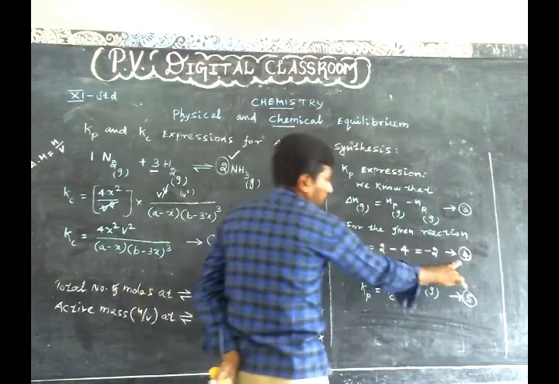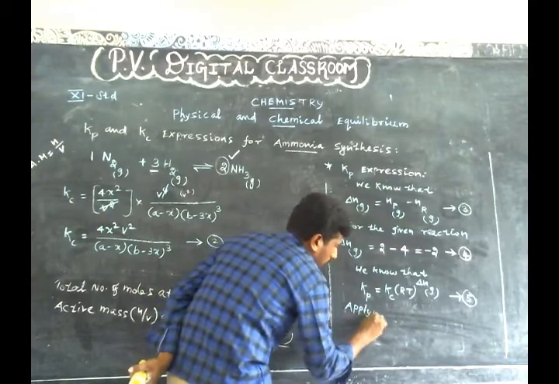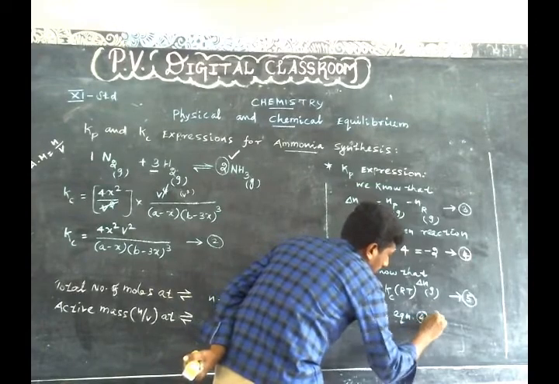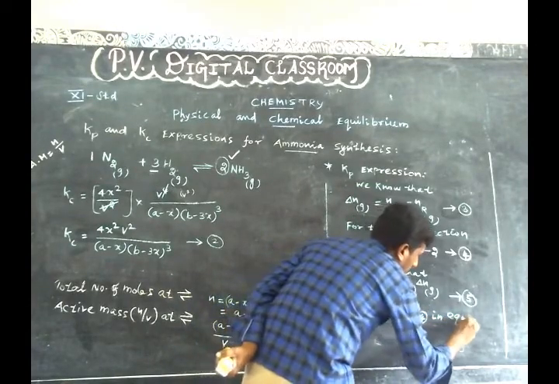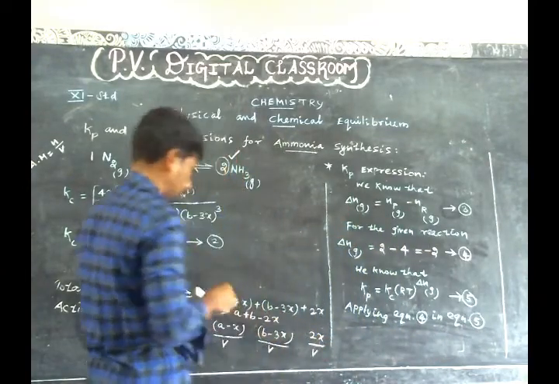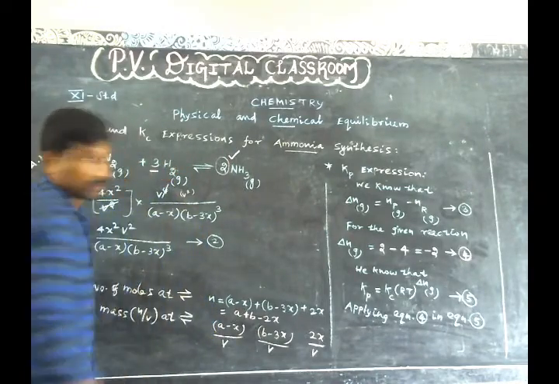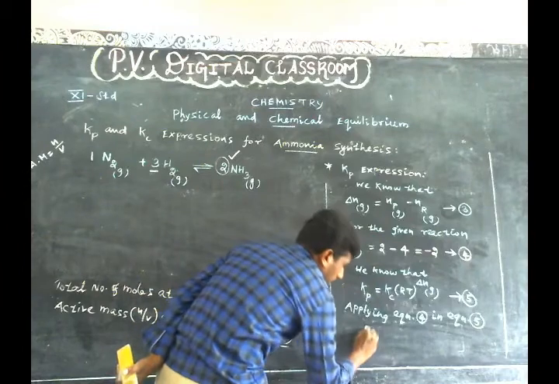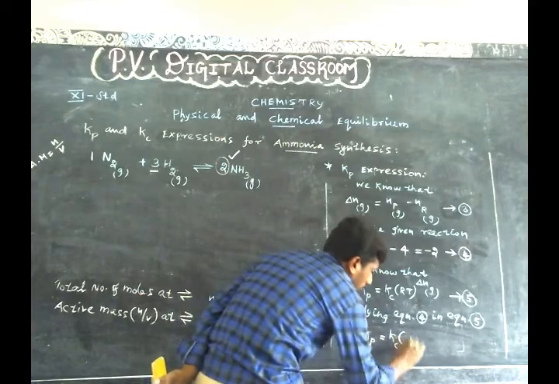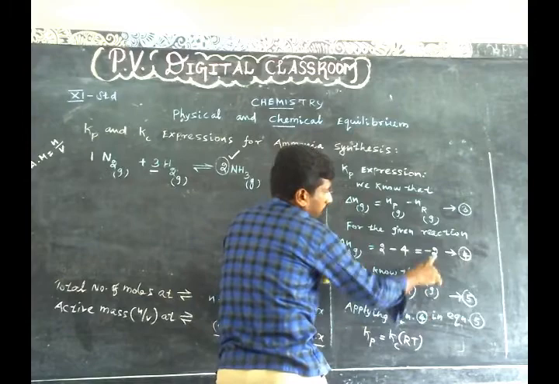Applying equation number 4 in equation number 5, Kp is equal to Kc into RT whole to the power, delta Ng is replaced by minus 2.